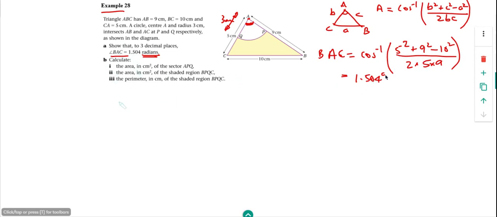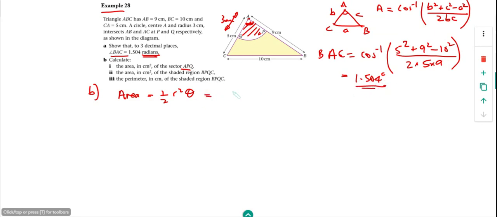Okay, so now we're on part B. We've got to find the area in centimetres squared of sector APQ, which is this bit here. So we're going to apply the formula. The area is equal to half r squared theta, using the theta that we've just found, the angle here.